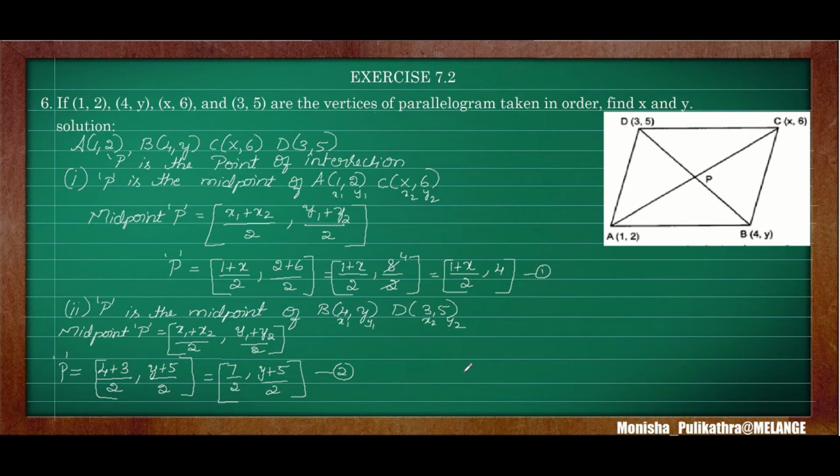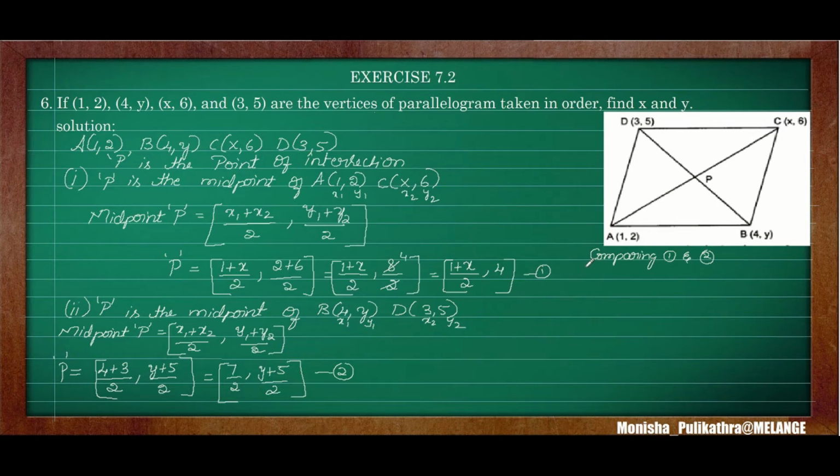So by comparing 1 and 2, here P is equal to this value and here also P is equal to this value, so if the LHS is equal, the RHS is also equal.